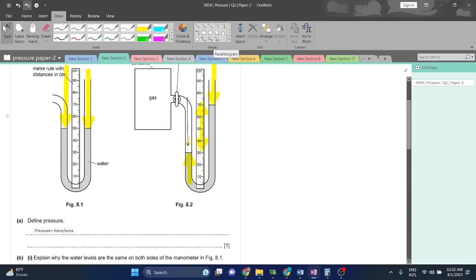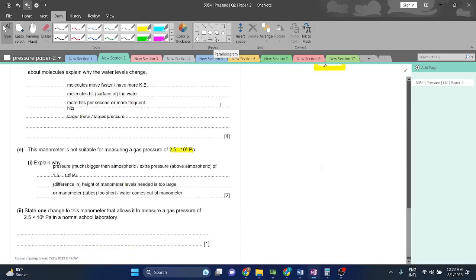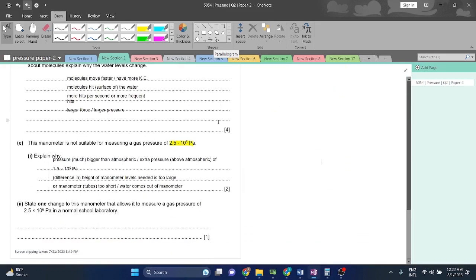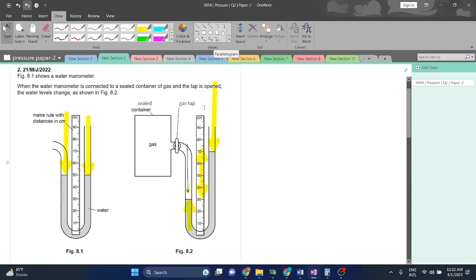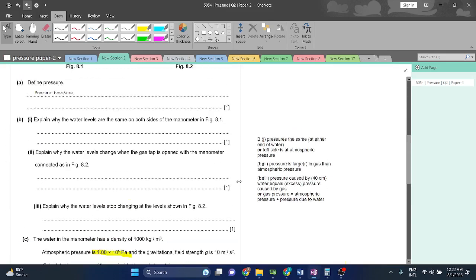If the density of the liquid is more, then the pressure created by the liquid will be more as well, and that will be able to combat the pressure of 250,000 pascals. You can also make this manometer a bit bigger, but the main differentiating factor is the density of the liquid. If you increase the density of the liquid, the pressure caused by the liquid will be much larger than it is right now.